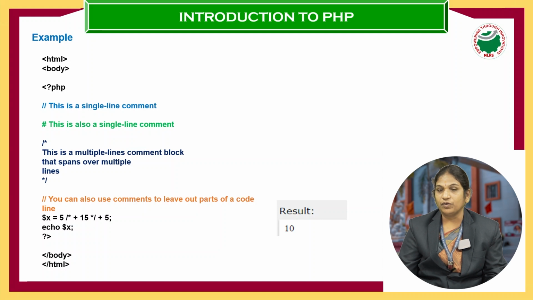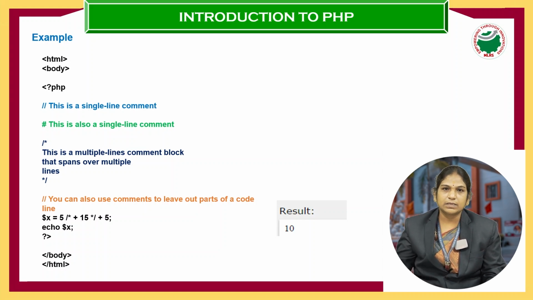Whenever we want to specify multiple line comments, we use /* then write whatever data we want, and then close with */. Whatever we have written inside /* and */ will be treated as a comment, so it will not perform any task on the output.